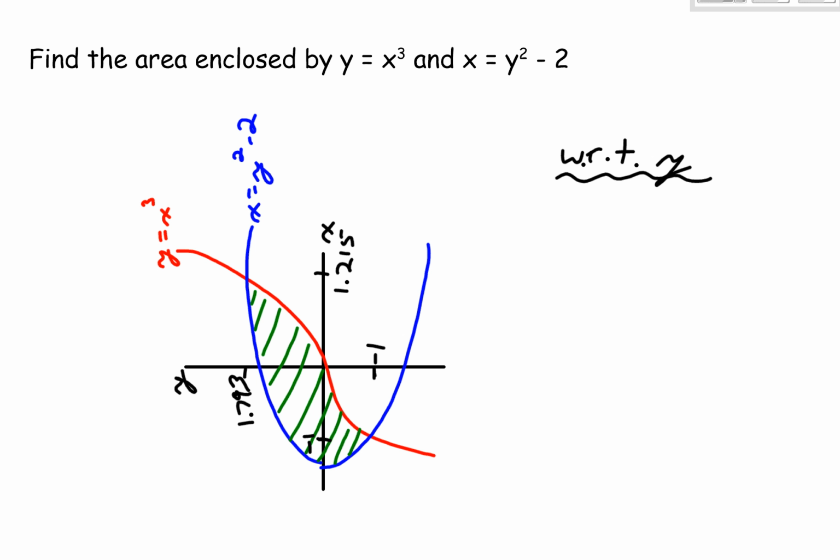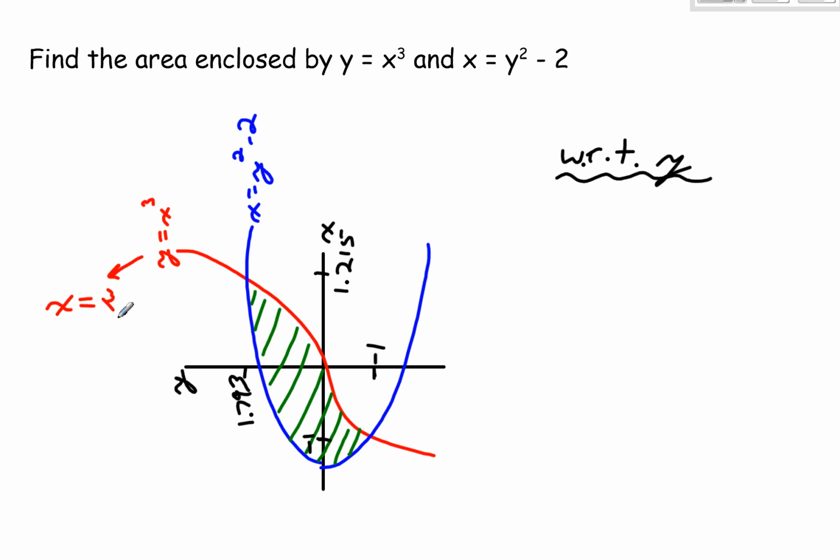Now, if I'm going to do this with respect to y, that means everything is with respect to y. My integral, my bounds, and even my equations. So the blue x equals y squared minus 2 is already written with respect to y, but for y equals x cubed, in order to get it with respect to y, I need to isolate x.